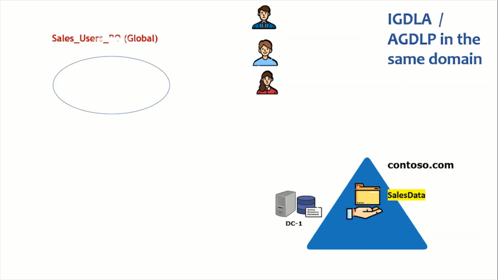So first we'll create a global group, let's say sales_users_read only or RO. So we'll create a group, then we add these accounts or these identities as a member of that particular global group. So IG, so identities are added as a member of the global group.